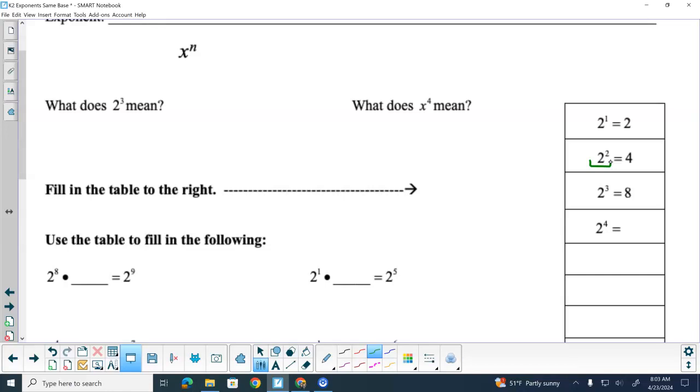Literally look back in your notes. Turn your page, flip it over. Turn your packet, flip it over. If it's in your binder, turn your page back one. What does 2 squared mean in math?